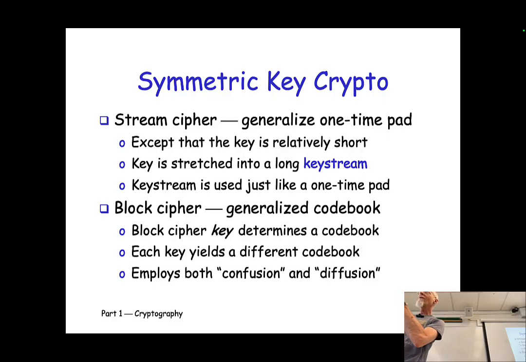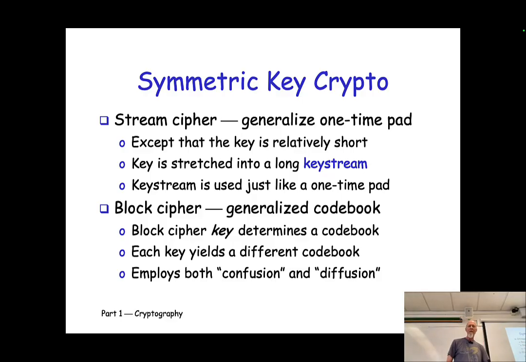There's a process to generate plaintext and ciphertext, but from a high-level perspective, you have a huge number of code books, indexed by the key. As long as sender and receiver use the same key, they are using the same code book. Use a different key, it's a different code book.